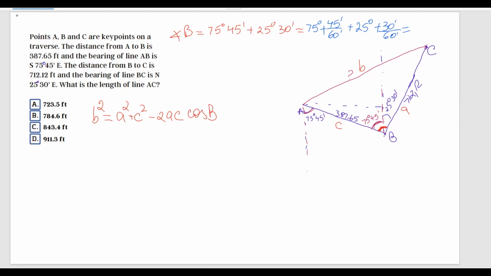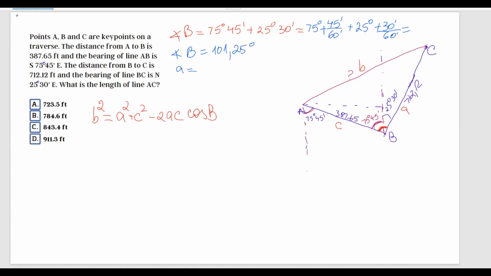Let's use the calculator quickly. I get that angle B equals 101.25 degrees. Perfect.